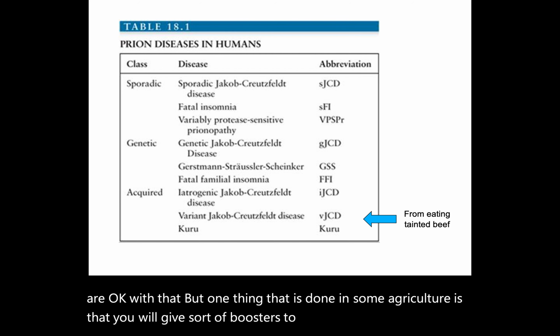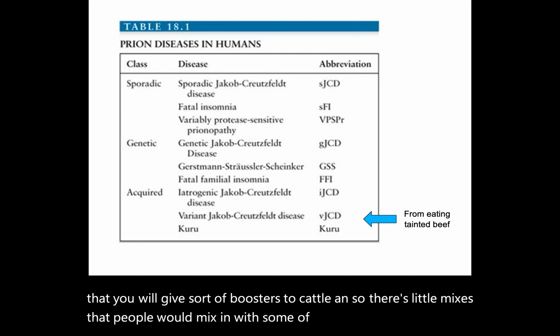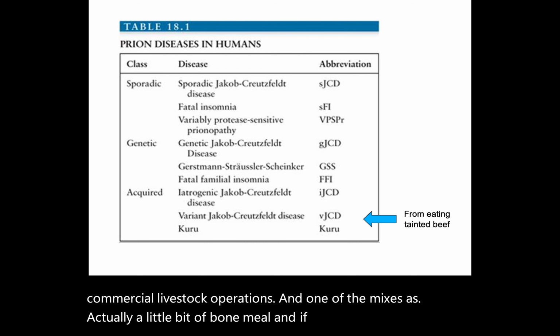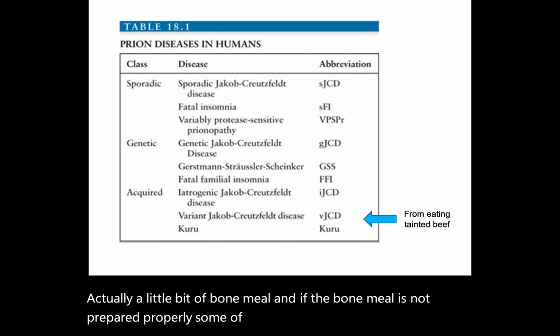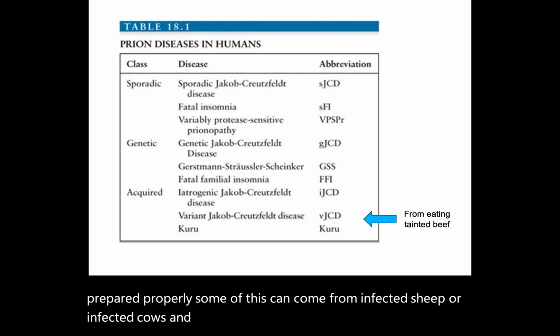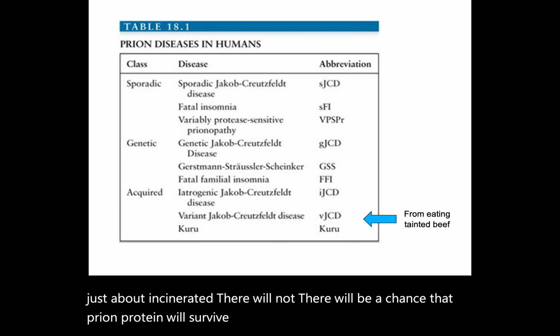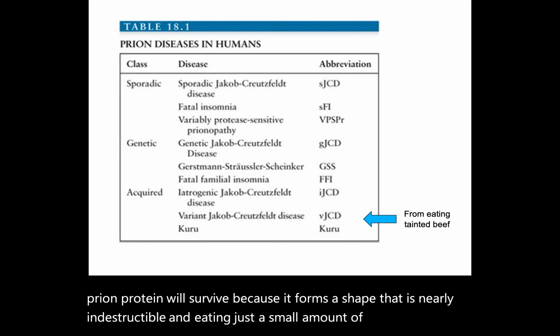There are these little mixes that people would mix in with some of the feed for commercial livestock operations. And one of the mixes is actually a little bit of bone meal. And if the bone meal is not prepared properly, some of this can come from infected sheep or infected cows. And unless you absolutely prepare that properly and just about incinerate it, there will be a chance that prion protein will survive, because it forms a shape that is nearly indestructible, and eating just a small amount of that can lead to prion protein disease.